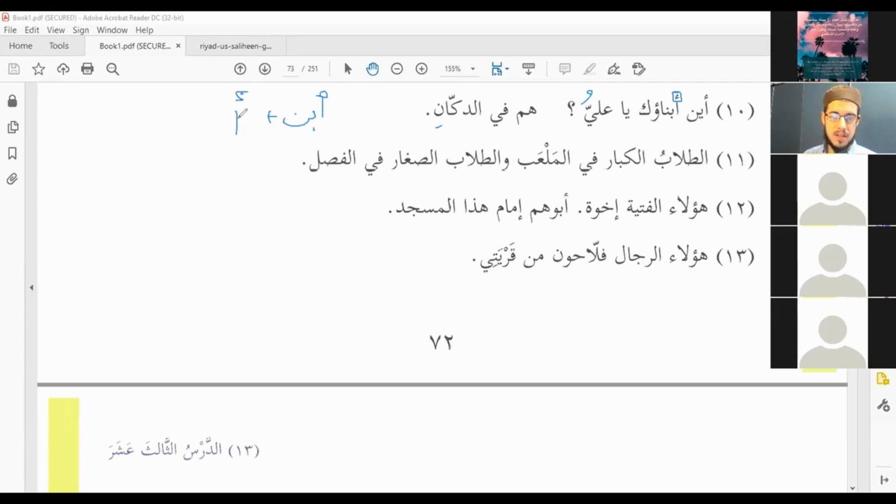So this is a hamzat al-qata'. We're going to pronounce it like a hamza, etc. And then we have ya aliyu instead of aliyun, because anything with a tanween loses its tanween if it's part of this vocative particle, ya and nida, if it's the munada. Ya aliyu. Very good. Number 11.